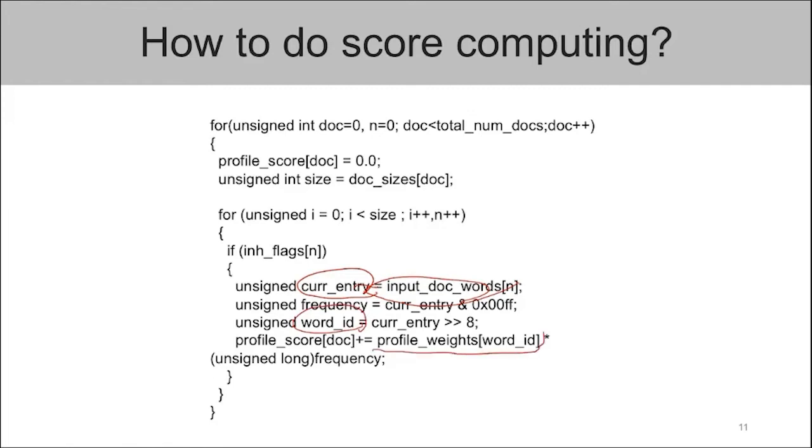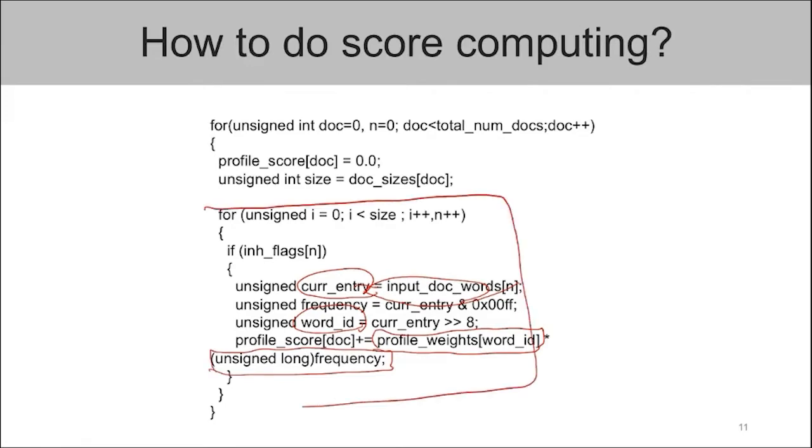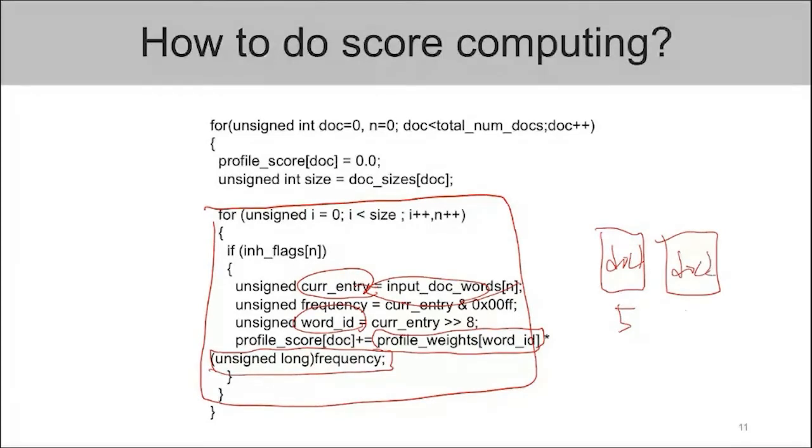And we can query the word ID with the frequency and compute a single score, and we sum the score of each word into the document's total score. Okay, so for example, I will have document 1 with 5 points, document 2 with 7 points, and maybe document 3 with 80 points, and I would select this, for example.